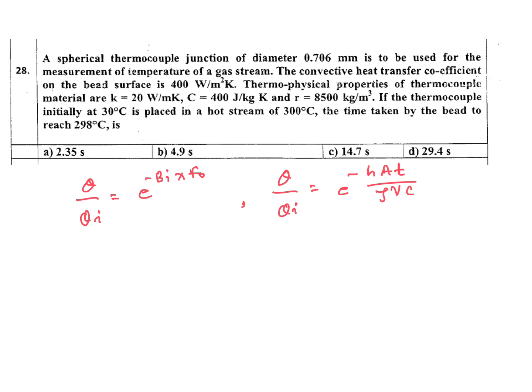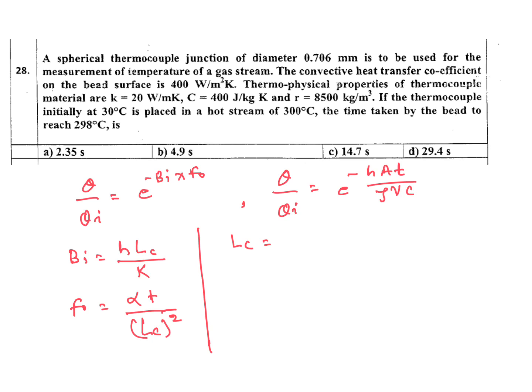Here Biot number is H LC by K, LC is the characteristic length. Fourier number is alpha T by characteristic length square. Put the data. Here LC for sphere, characteristic length is R by 3 or D by 6.